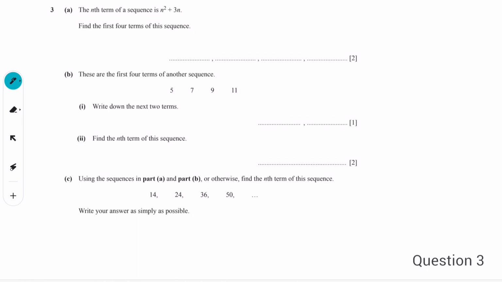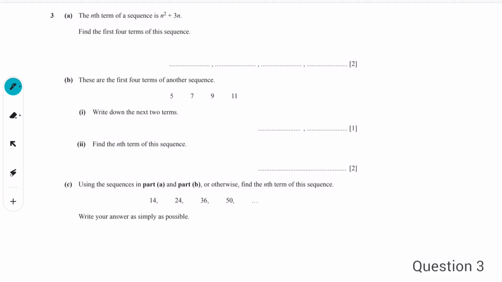We've got a sequence. The nth term of the sequence is n squared plus 3n. Find the first 4 terms in the sequence. Okay, well that's easy enough. We're going to substitute n for 1. So let's go 1 squared plus 3 times 1 equals, so 1 squared is 1, plus 3 times 1 is 3, so the first term would equal 4.